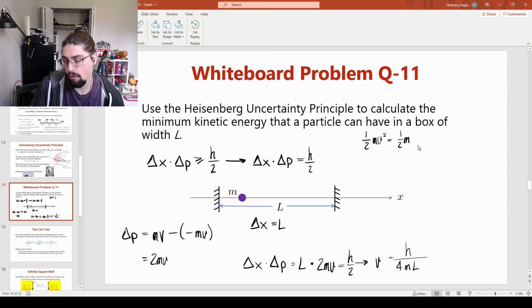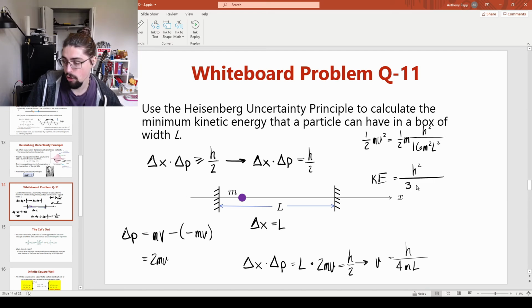I'm going to plug in v squared here, so this is going to turn into a nasty 16 m squared L squared all under h squared. At the end of the day, what I end up with is that my kinetic energy is equal to h squared divided by 32 m L squared.